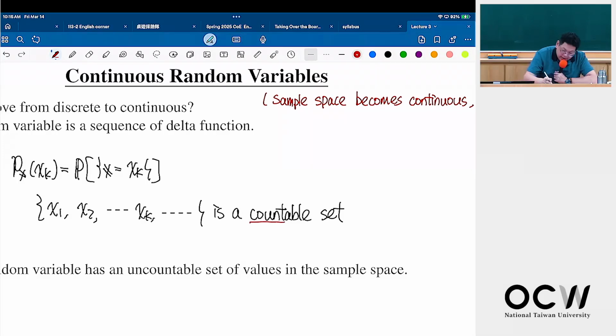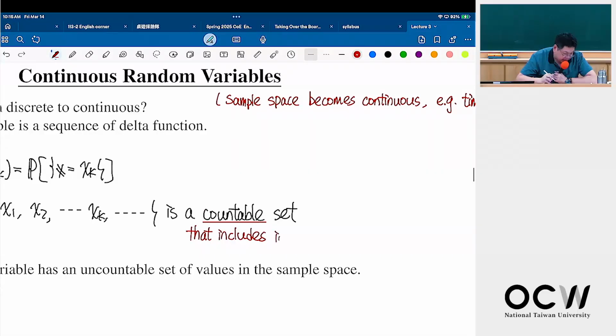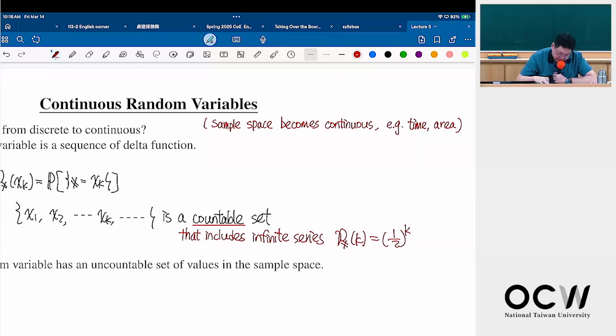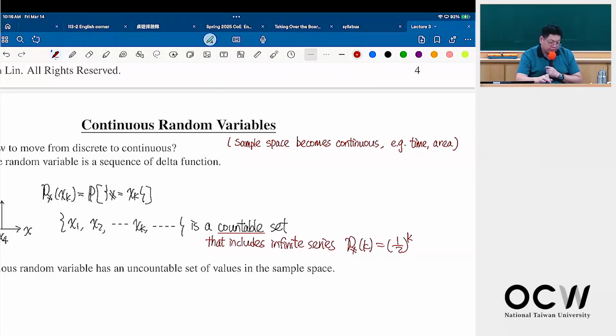Countable also includes infinite series, say 1/2 to the k, like that. For a discrete random variable, the realization is a countable set.